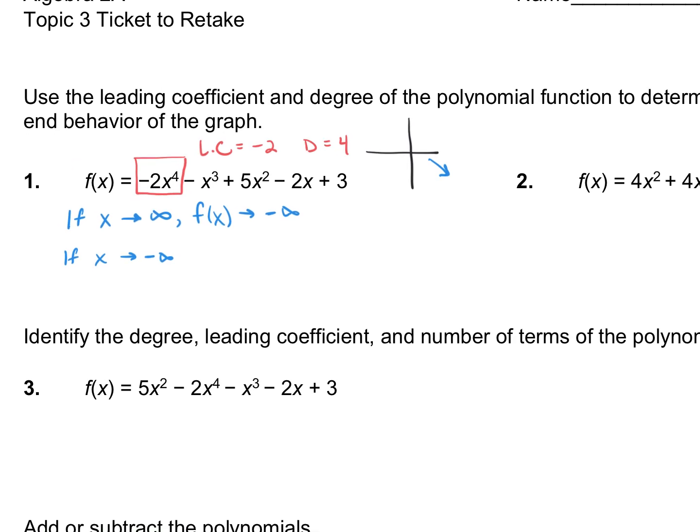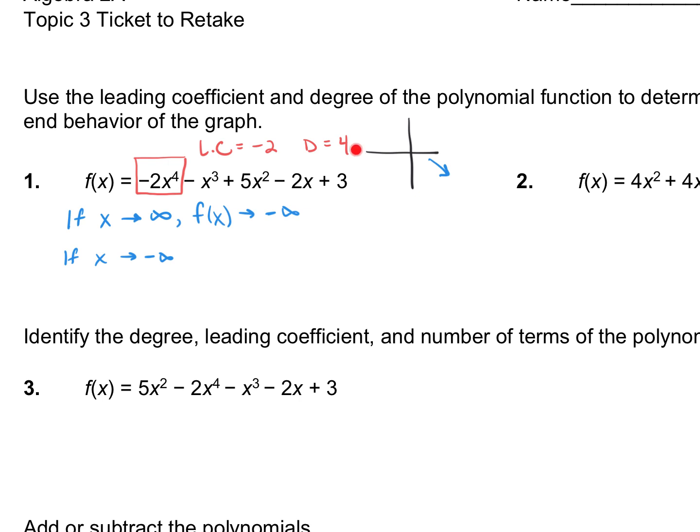So when you are describing the left end behavior of your function, the degree is what tells us what's happening on the left side. Your degree is always going to be positive because this is a polynomial. Polynomials have positive exponents.